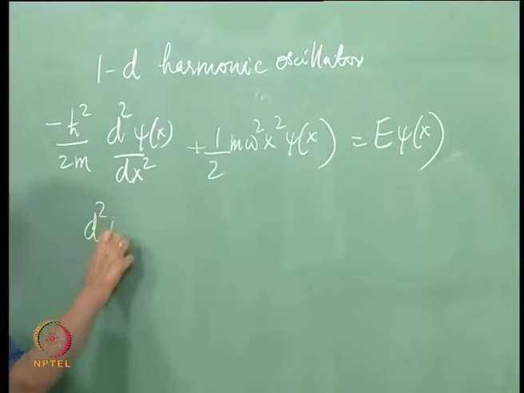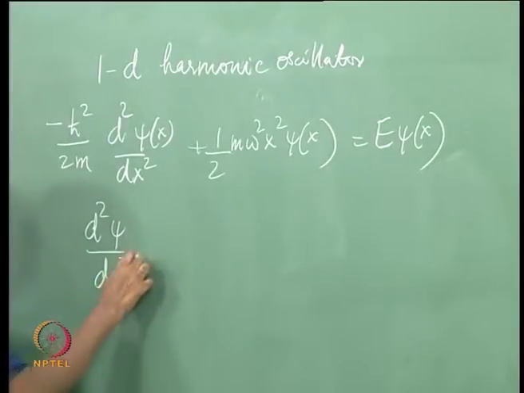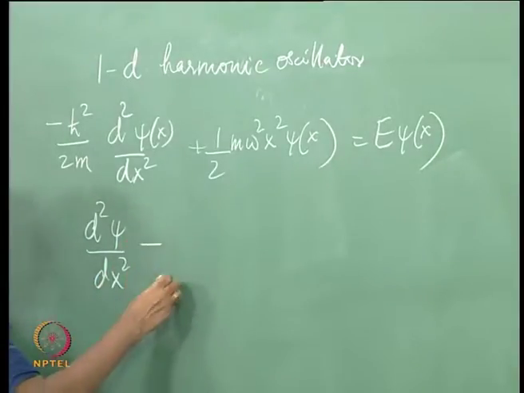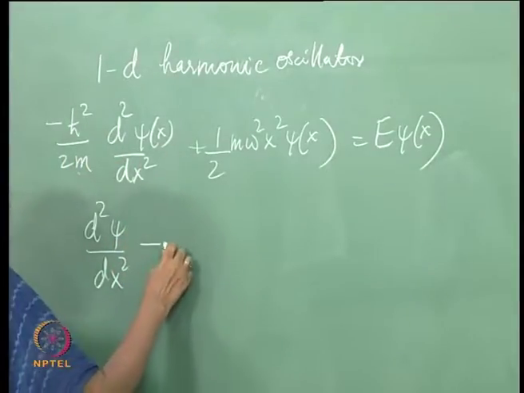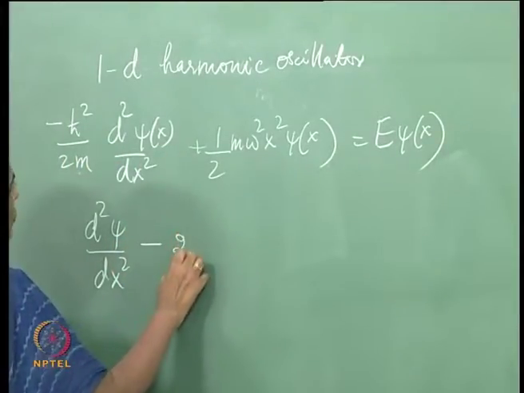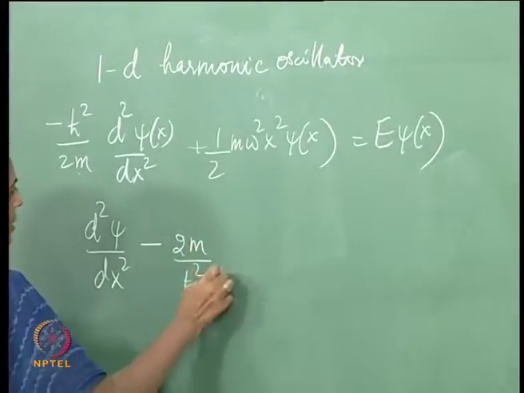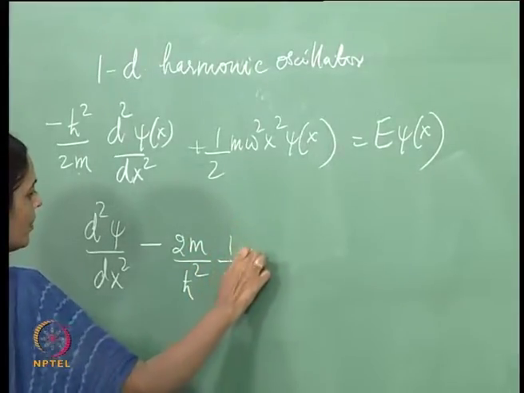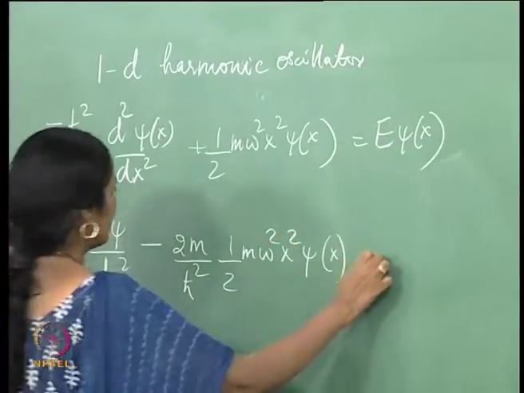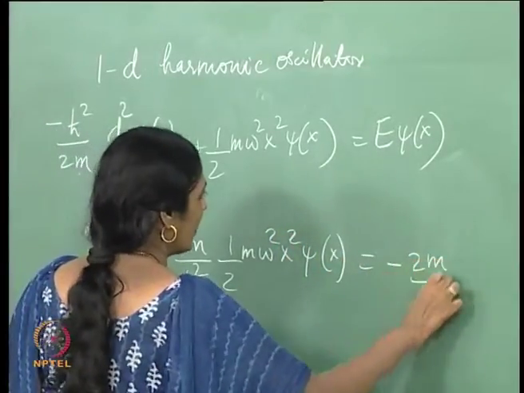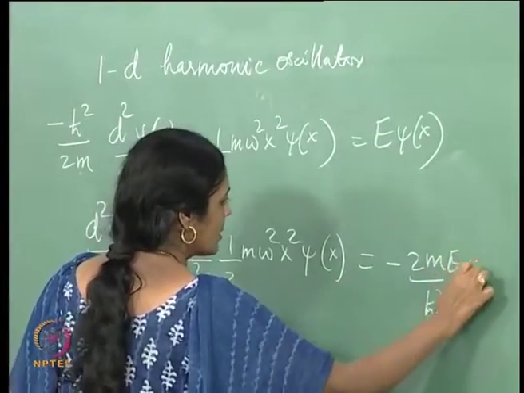So we just have d2 psi by dx squared. I can take this there, and I just have minus 2m by h cross squared times half m omega squared x squared psi of x is minus 2m by h cross squared E psi of x.